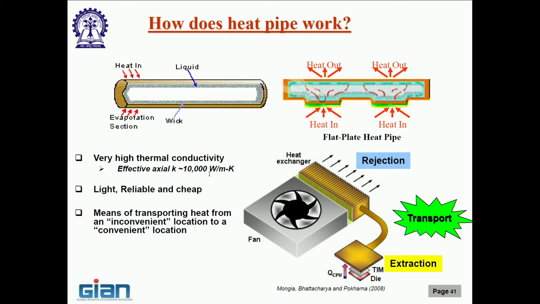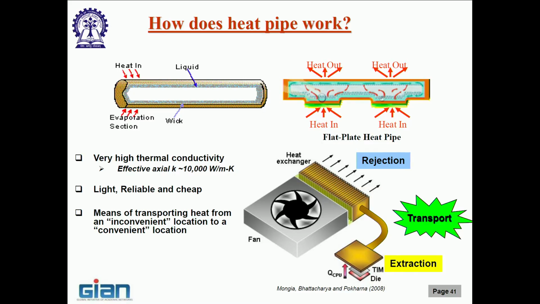Now there are also 2-dimensional heat pipes which are also called vapor chambers. Instead of a round tubular form, it will look like a sheet of metal, but inside it is a hollow sheet with a wick around the periphery, and then vapor and hollow inside.